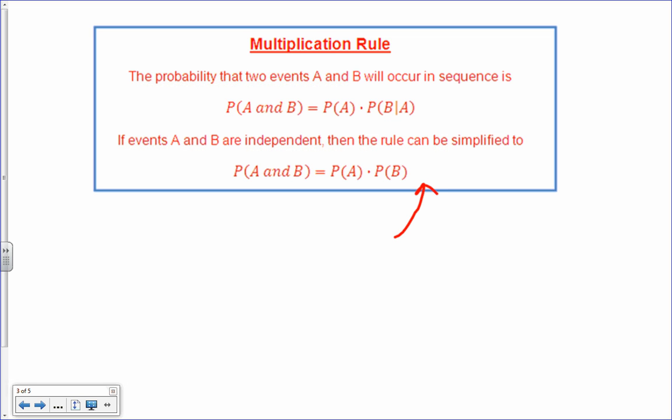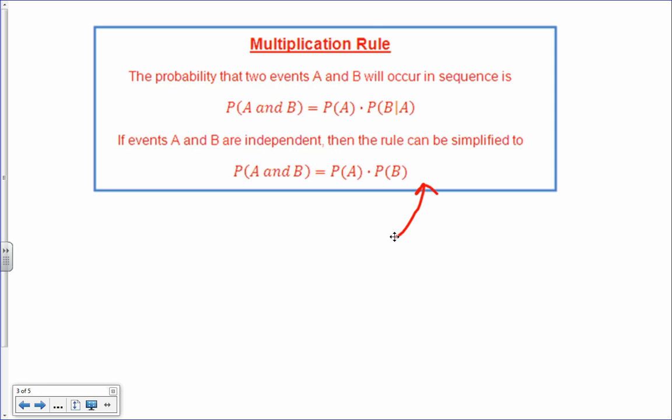Why, if they're independent, can I just take that off? Because is knowing that A happened really going to affect B if they're independent? So do I have to worry about that stuff at the end? Not really, okay? And so it's very helpful to notice if they are independent or not, because then it's a little bit less work. Again, when we really get into notation later this year, you're really going to want to know that, because we're going to get much more general.